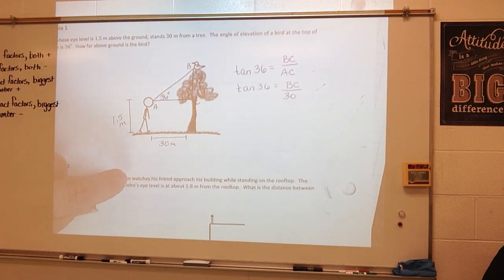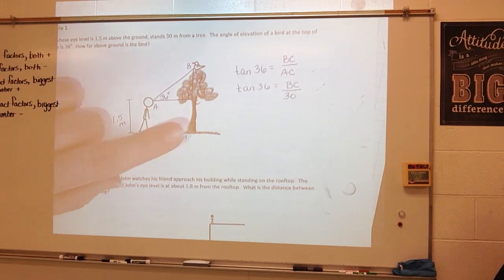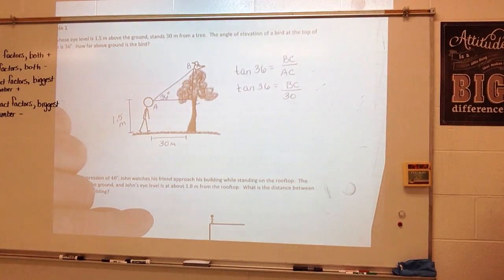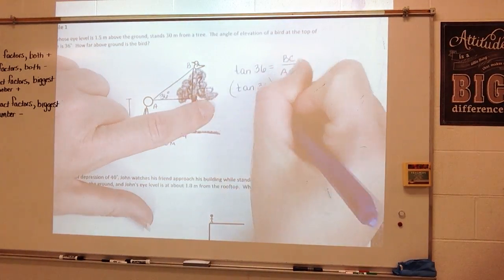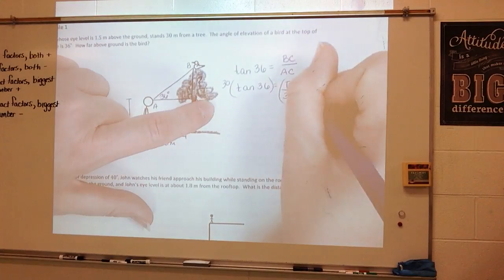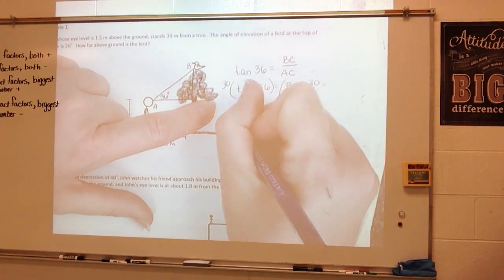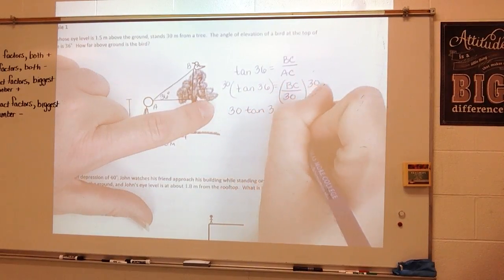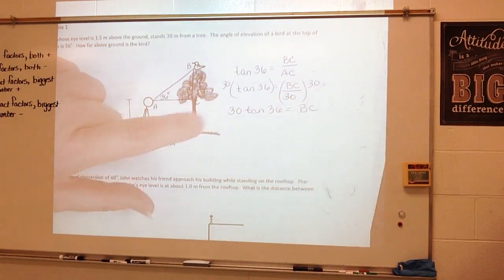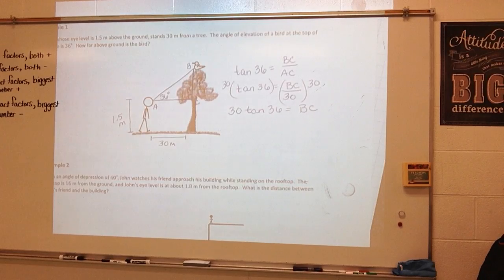Now you can multiply both sides by 30, so 30 times the tangent of 36 is equal to BC.